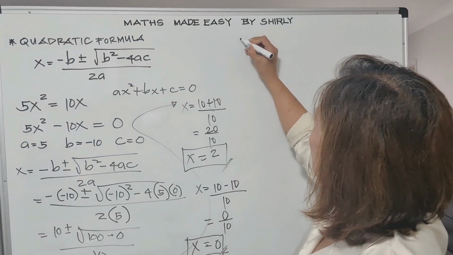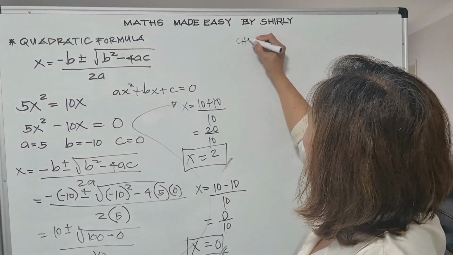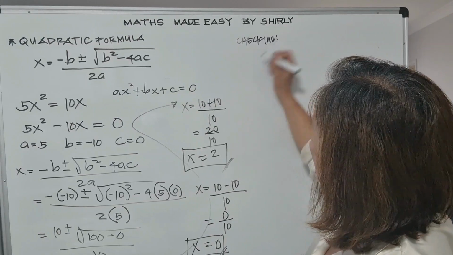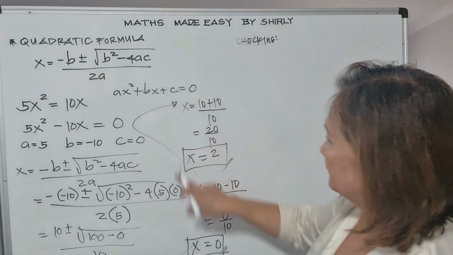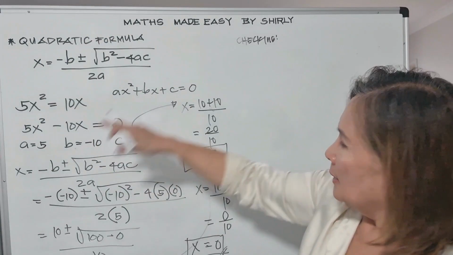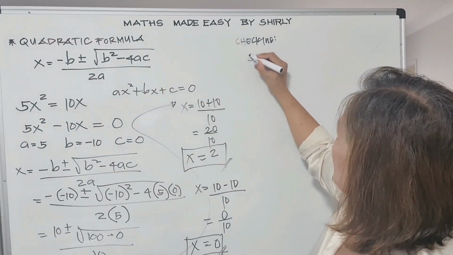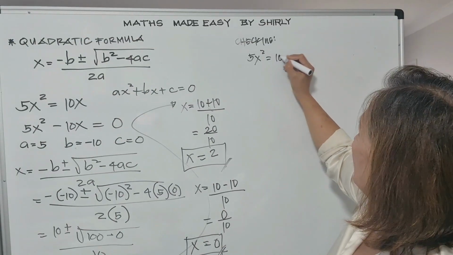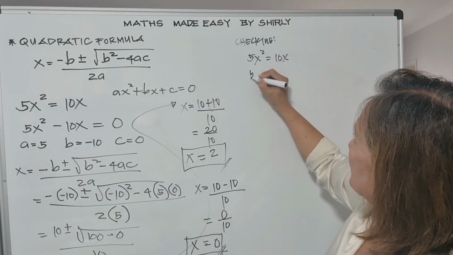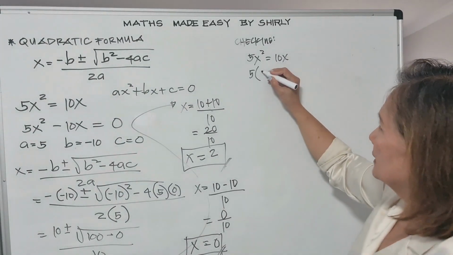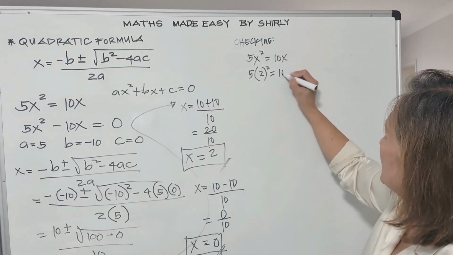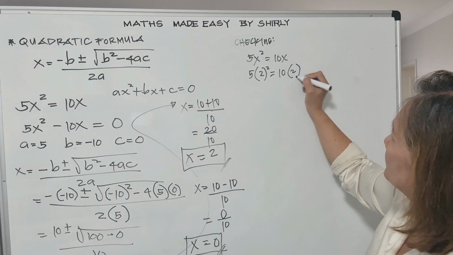To check whether our answer is correct or not, let's have the first value, which is 2. From the original equation, we have 5x squared equals 10x. So substitute the value of x as 2 squared, and we have 10 times 2.